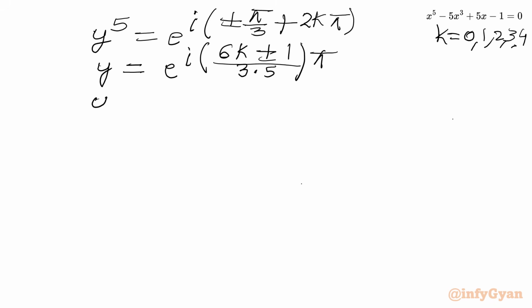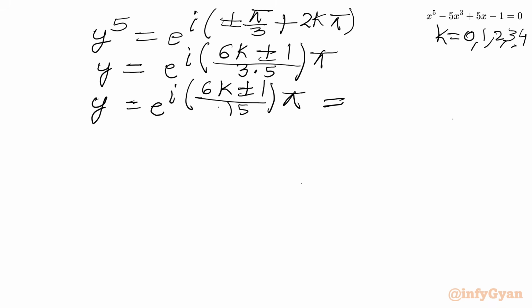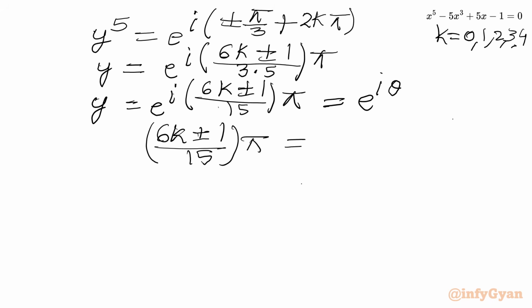So it is nothing but y equal to e raised to the power i in bracket (6k plus minus 1) over 15 times pi. Now we will equate this as e to the power i theta. So I can write (6k plus minus 1) over 15 times pi is equal to theta.